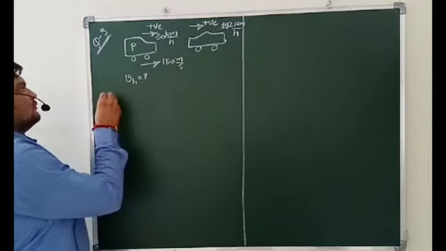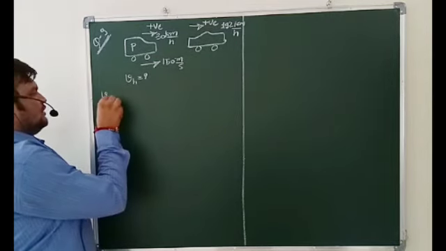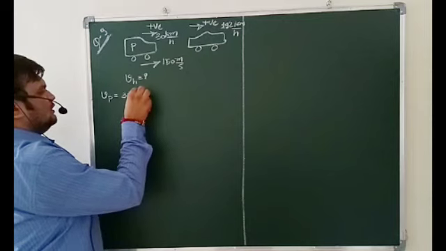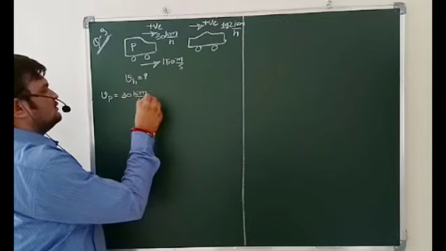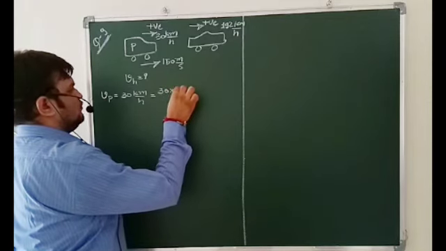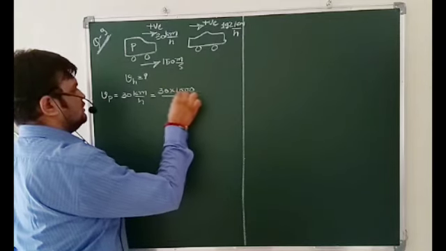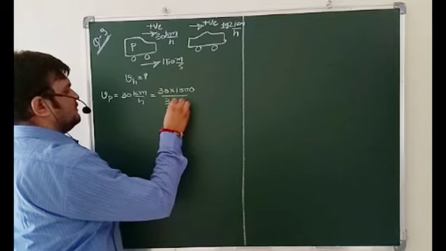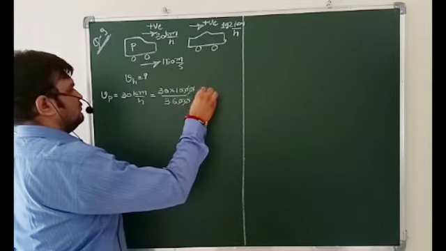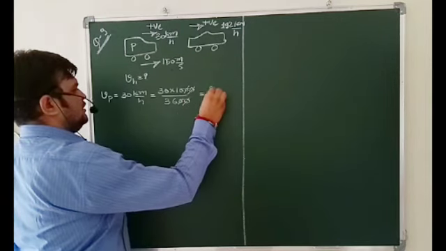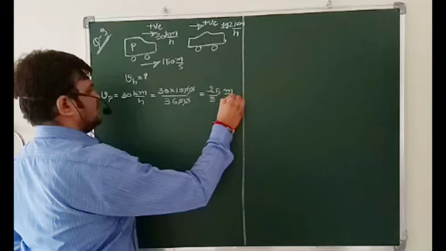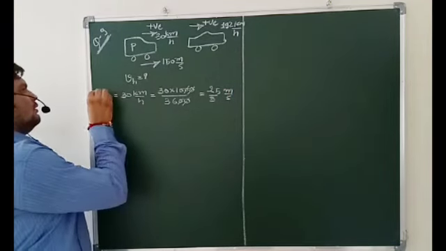Now here, the velocity of the police van is 30 km per hour, that means 30 into 1000 divided by 3600, so it will become 25 by 3 meter per second.